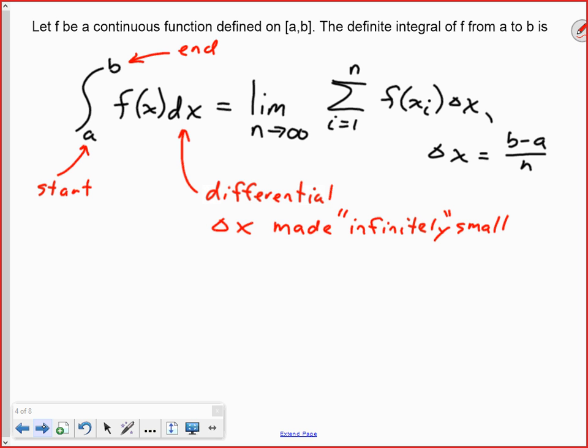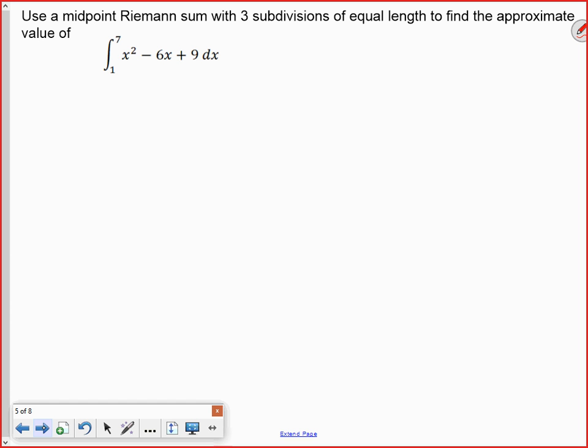Now with this in mind, we'll take a question that looks something like this. Use a midpoint Riemann sum with 3 subdivisions of equal length to find the approximate value of the integral from 1 to 7 of x squared minus 9x plus 9 dx. How do we do this?